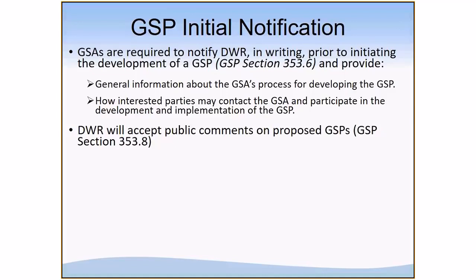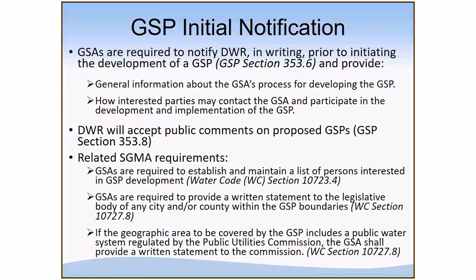Related Sustainable Groundwater Management Act requirements to this notification: GSAs are required to establish and maintain a list of interested persons in GSP development. That's Water Code Section 10723.4. GSAs are required to provide a written statement to the legislative body of any city and or county within the GSP boundaries.